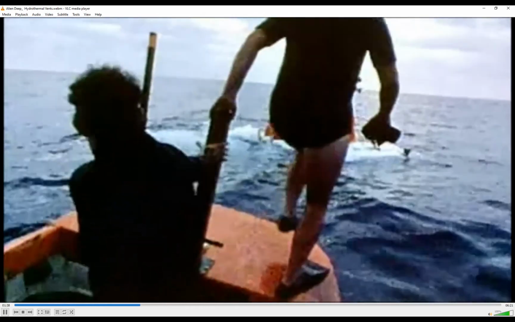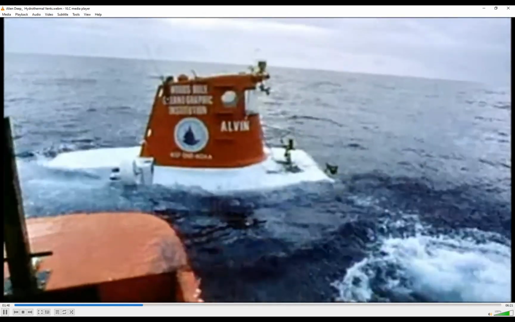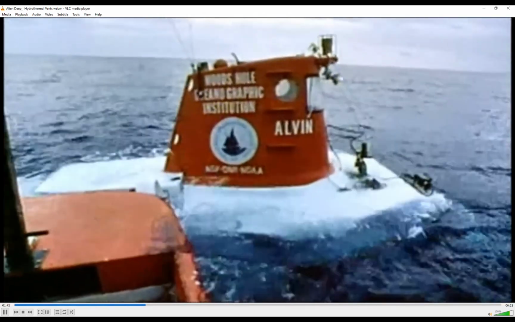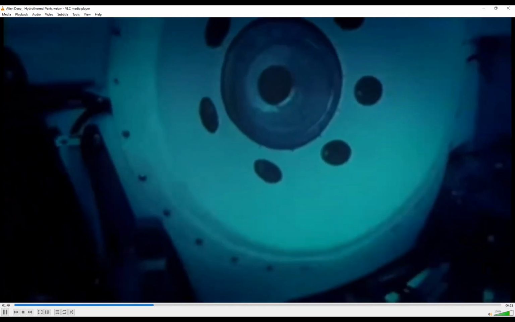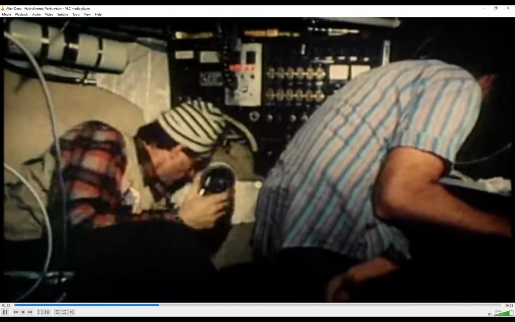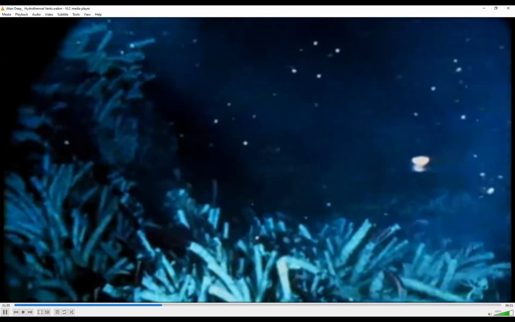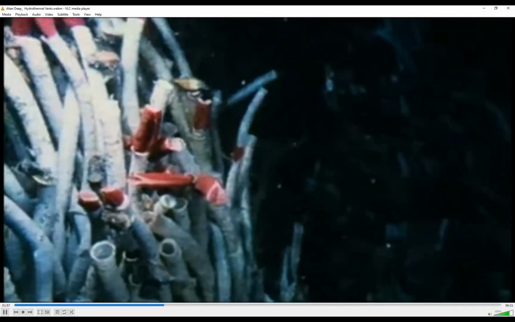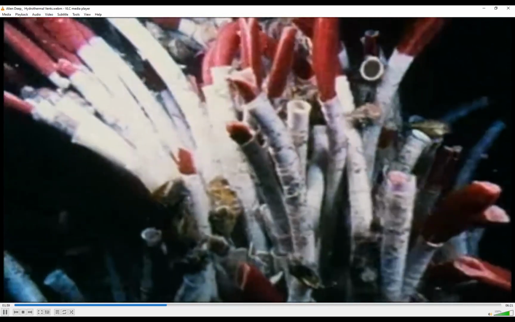Stunned by the unexpected findings captured in the photos, they deployed the Alvin submersible the very next day to explore the region firsthand. To their surprise, they had discovered an entirely new ecosystem, thriving with giant tube worms over a foot long, as well as many other life forms.